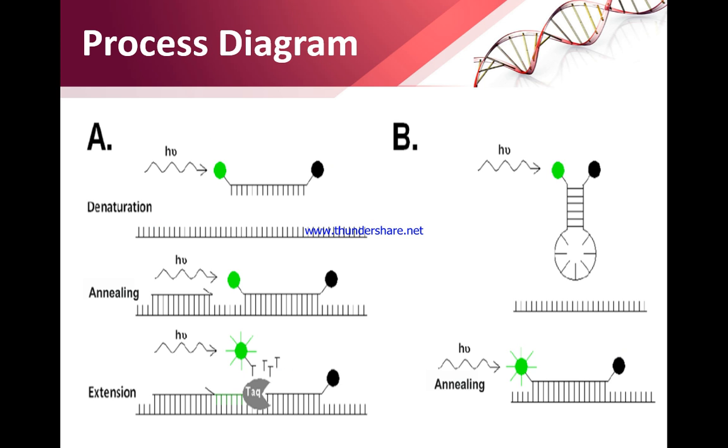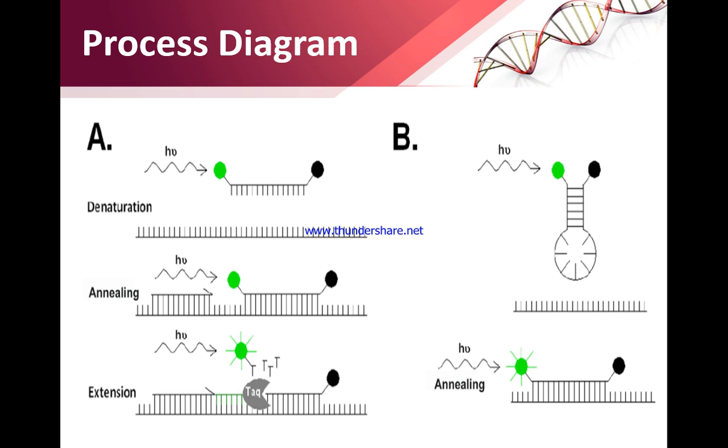Process diagram. You can see that after denaturation, the probe binds to the target DNA molecule. In the TaqMan case, the polymerase removes the fluorescent molecule from the probe because it has 5' to 3' exonuclease activity.